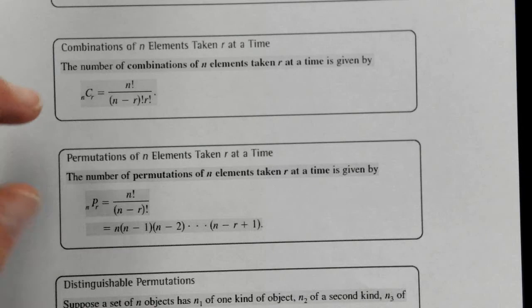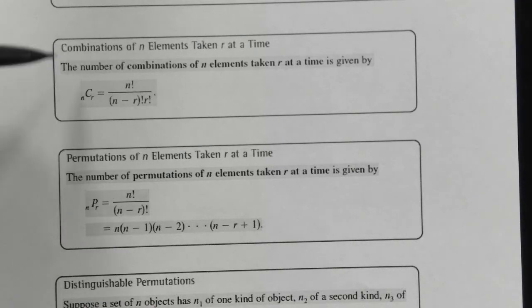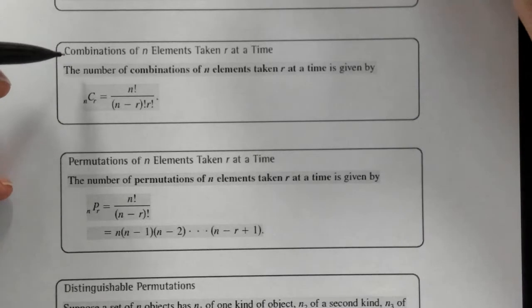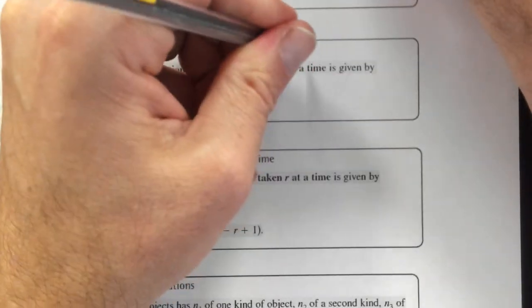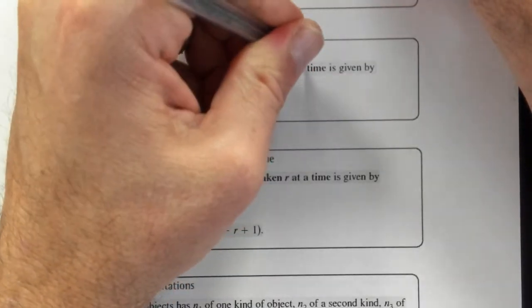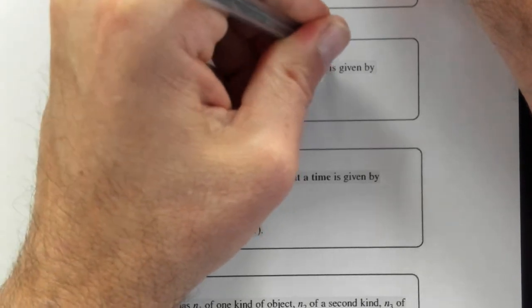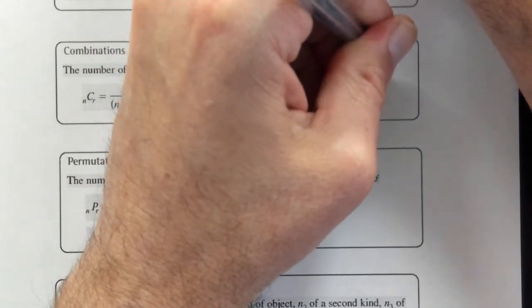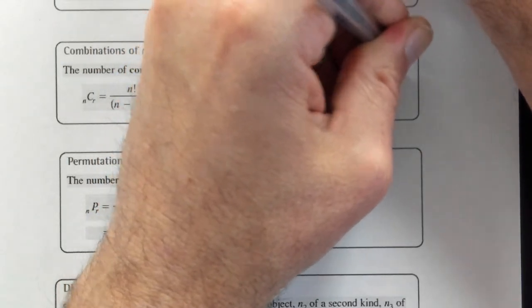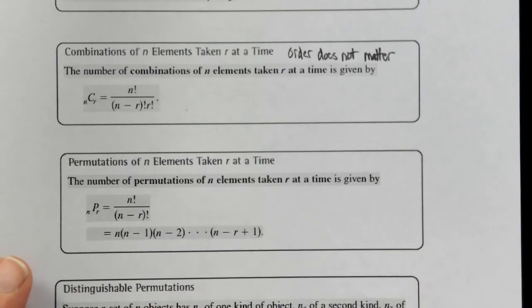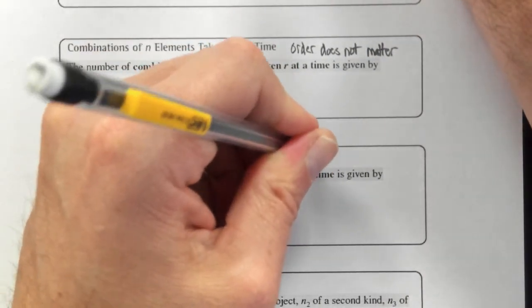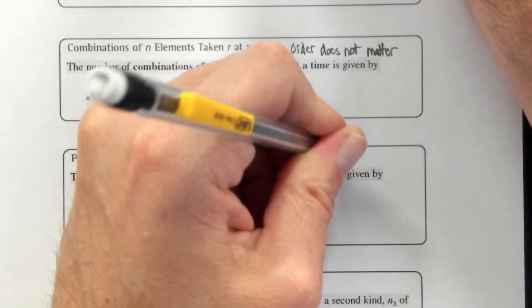But the main thing to remember is the main difference between combinations and permutations is in combinations, order does not matter. In permutations, order matters.